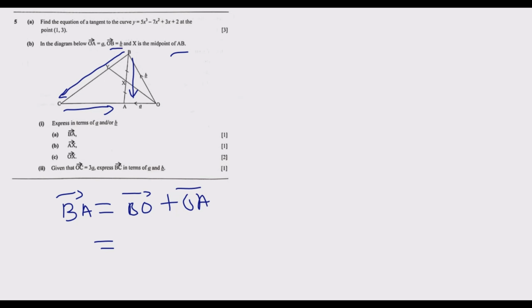OB is basically B, so BO is negative B. Then plus OA, which is this vector A. So we end up with A minus B. This is the answer to part B, Roman numeral I, part A.